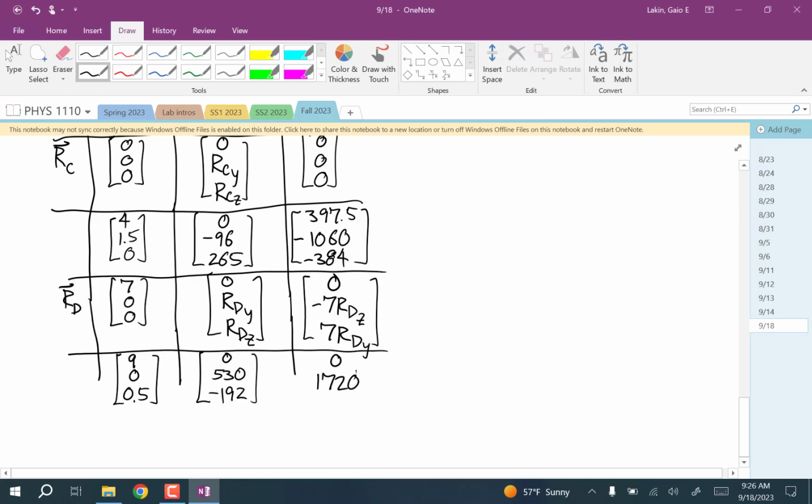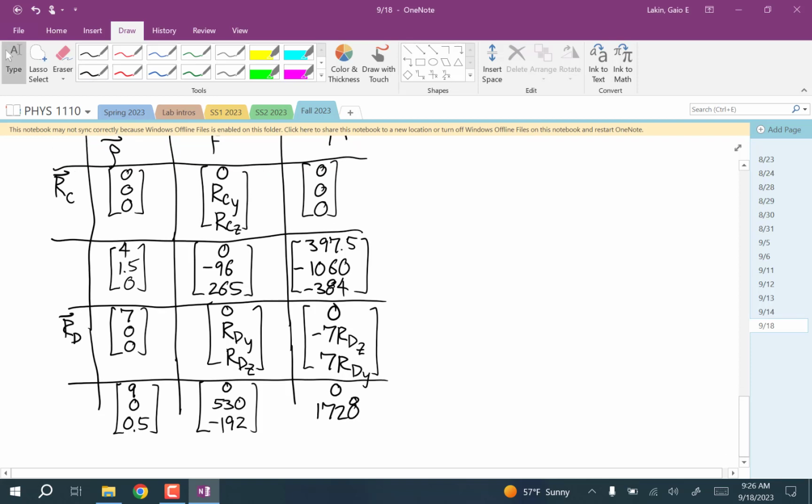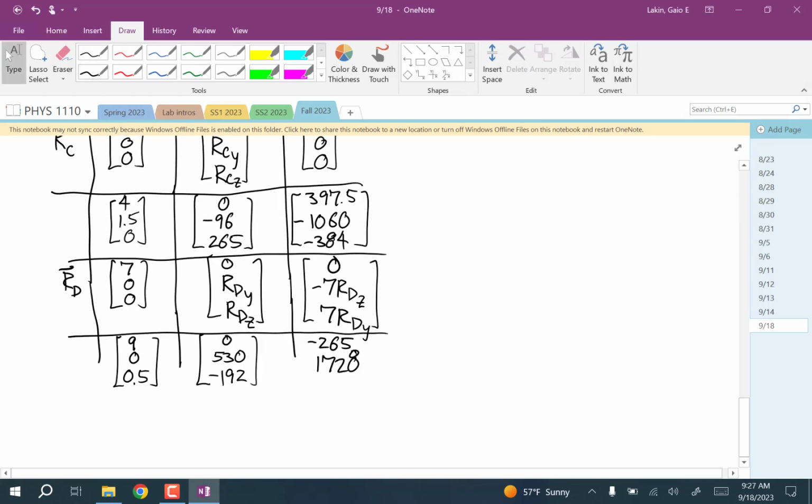How is it 0 for X there? It's not. That's where I went wrong. Okay, so 0.5 times 530. That's 265. And then 9 times 530. 4770.